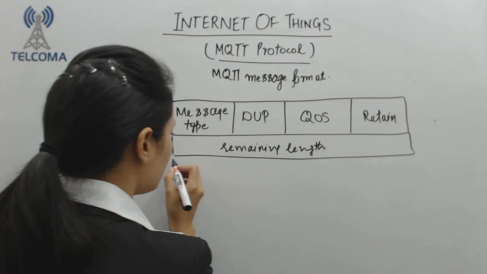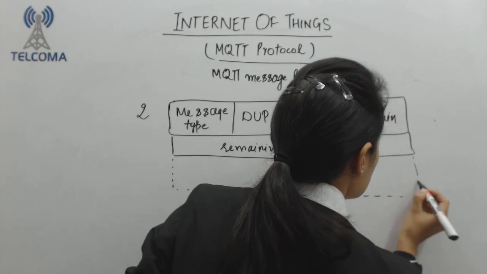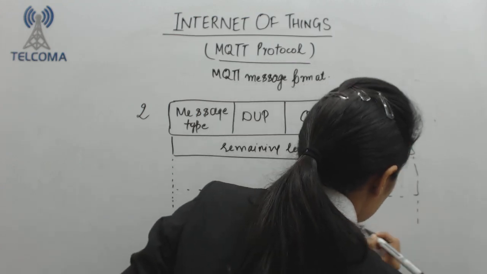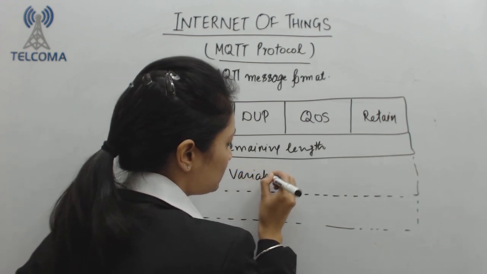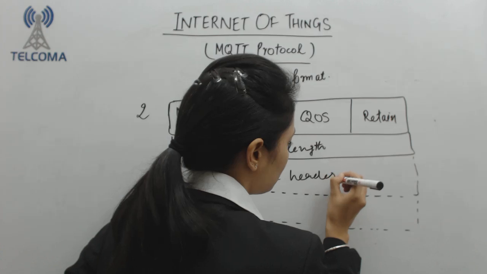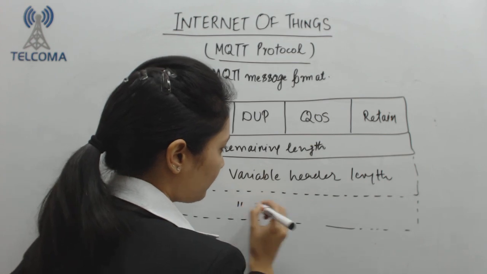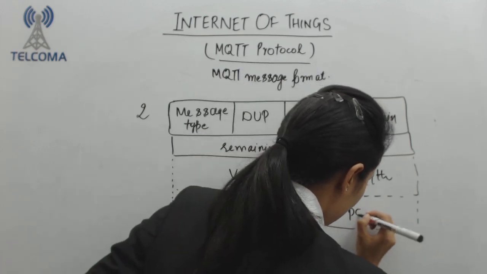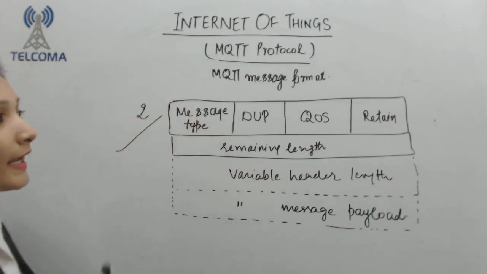Now next we have the optional part here. So in this optional section you will have the optional variable header length, and then you will have variable message payload here. So in this mandatory section, the first one which we have is the message type.